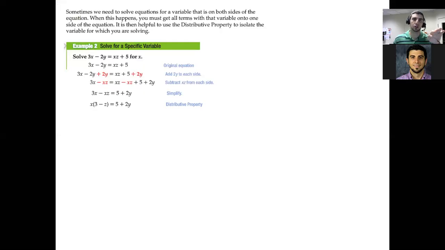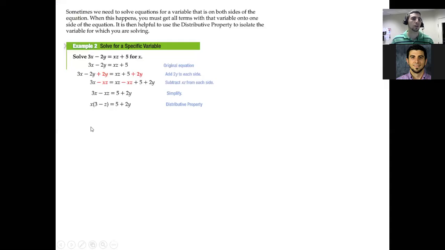Well, if you undistribute it, you still need the parentheses there to indicate that the x could be distributed to both terms. Otherwise, you would have x3 minus z, and nobody would know that the x was actually undistributed from both of those. Okay, so basically just use the distributive property in reverse to pull the x out, and now you have it as a product, x times the quantity.